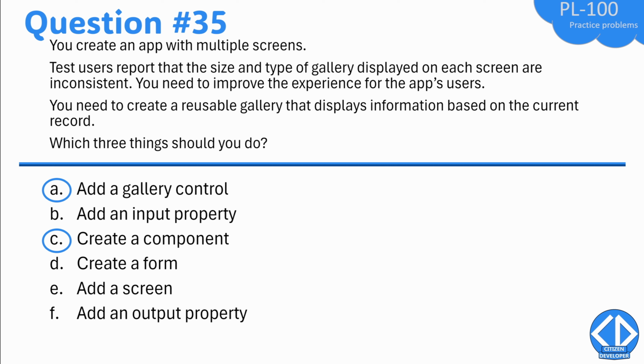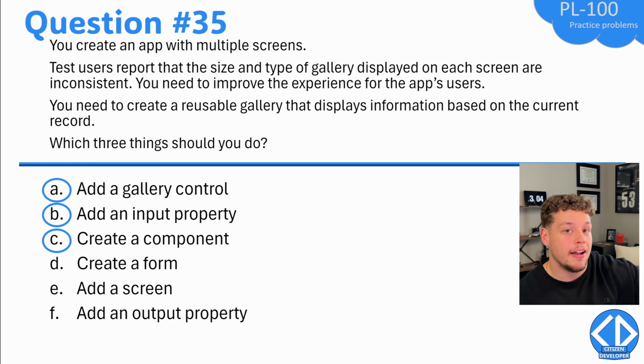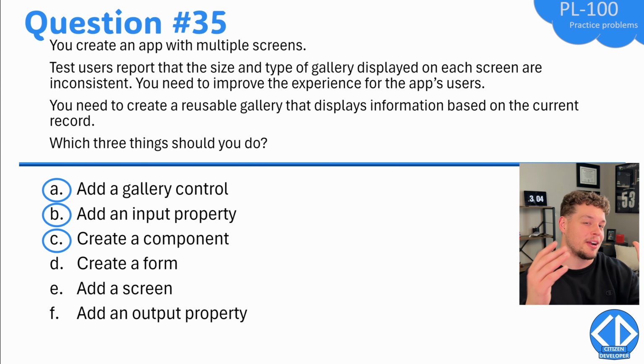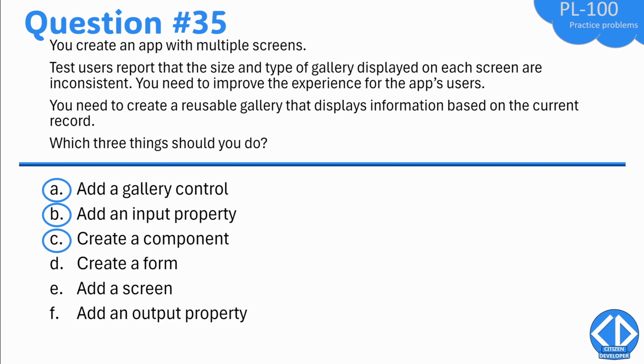So you're going to create a component, then you're going to add a gallery control, and then lastly, you're going to add an input property onto that gallery control on that component in your component library. And then that way, on every screen, it's going to point to this component in your library, and it's going to be uniform. So these are your answers here. You got A, B, C. You're not going to create a form. You're not looking to add another screen, and you don't need an output property.